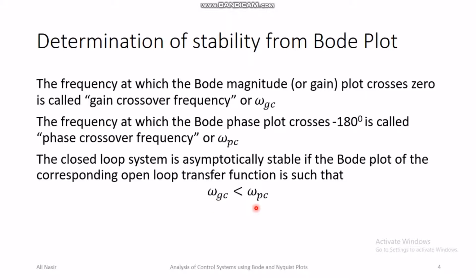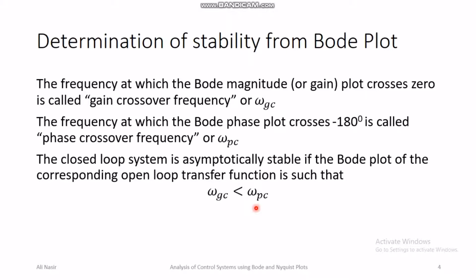So you just look at the Bode plot, and if the gain crossover frequency is smaller than the phase crossover frequency, which means that the gain will cross zero sooner than the phase, then the closed loop system corresponding to that Bode plot will be asymptotically stable.